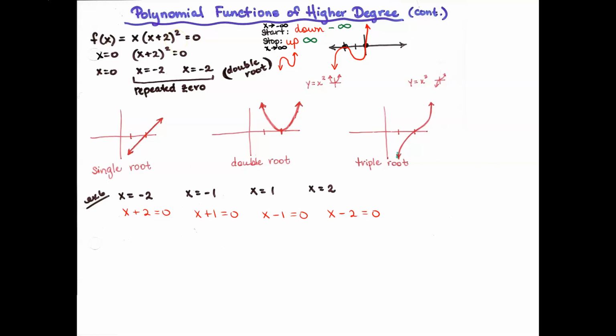So let's do that down here. Let's string all these factors together and set them equal to 0. So x plus 2, x plus 1, x minus 1, x minus 2, all strung together, set equal to 0.